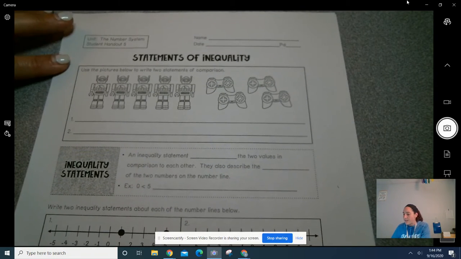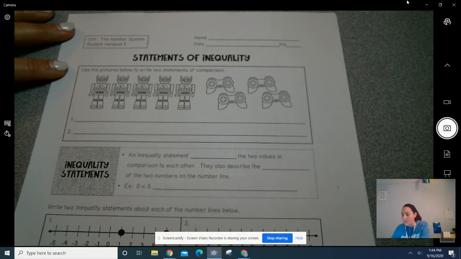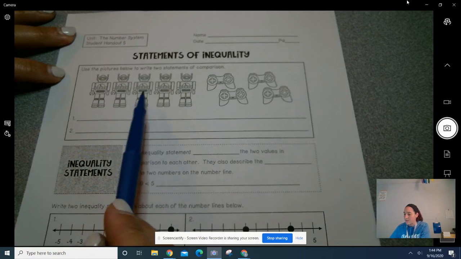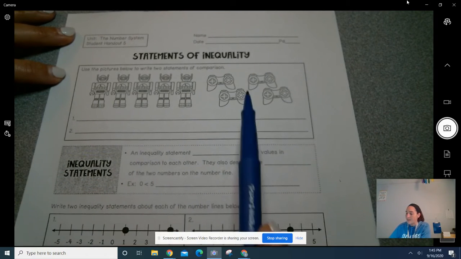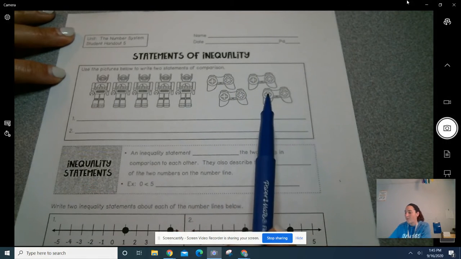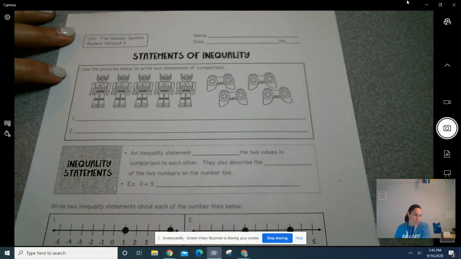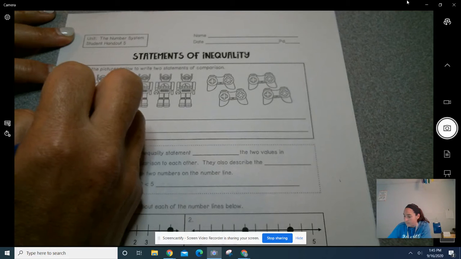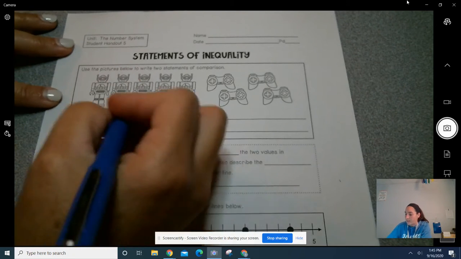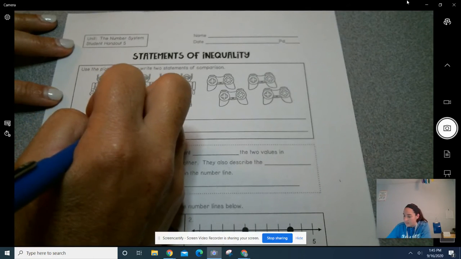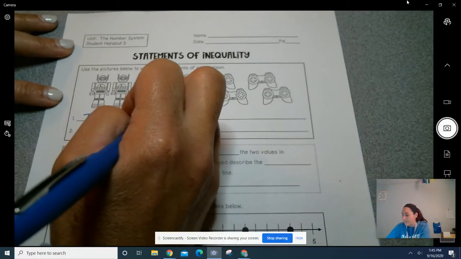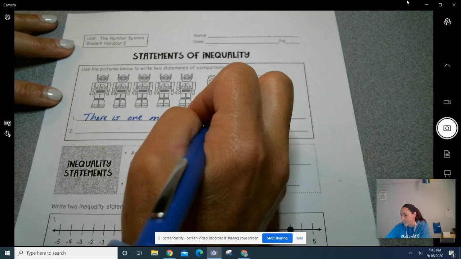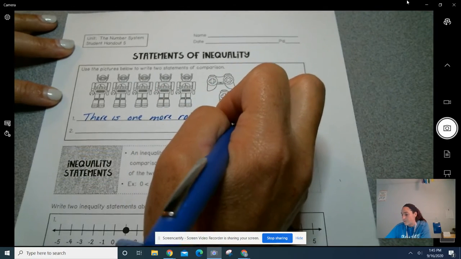All right, at the top it says use the pictures below to write 2 statements of comparison. And as you can see, we have 1, 2, 3, 4, 5 robots, and we have 1, 2, 3, 4 game controllers. So one statement of comparison that I could write, because we're comparing these two, is there is one more robot than controller.